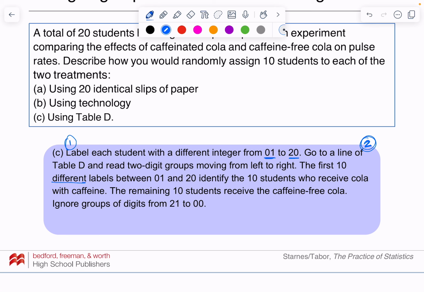between 1 and 20, identify the first 10 people who receive caffeine, and the rest of the people, you don't even have to keep going, the rest of the 10 people will get the caffeine-free group. Okay?